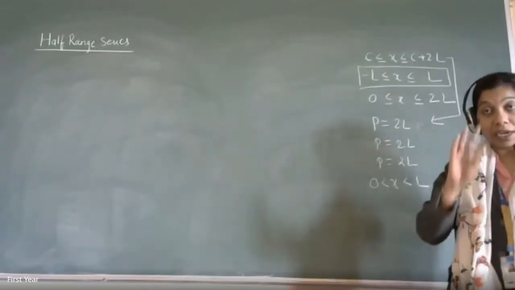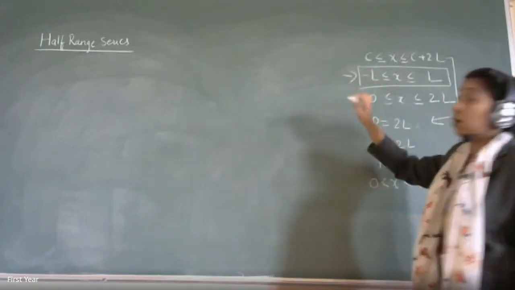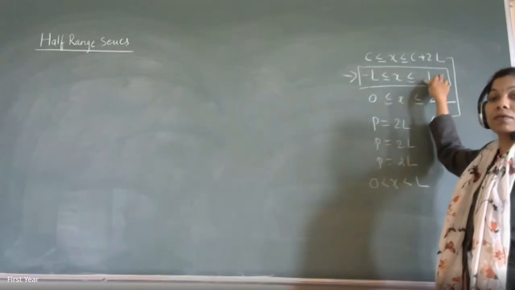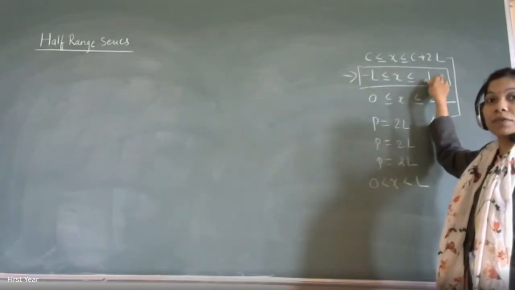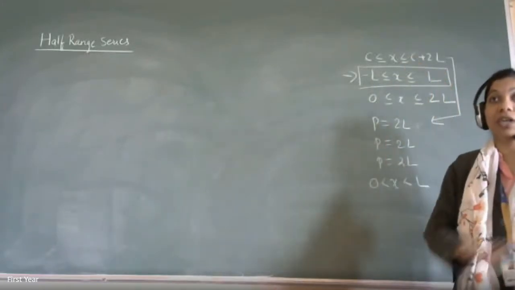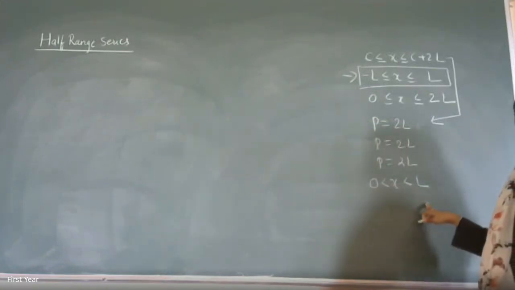So for that type of even function or odd function, the range that is given is the full range, minus n to n. Right? Yes, ma'am. So if this is the full range for the cosine or sine expansion, then what will be its half range? 0 to n. Yes or no?